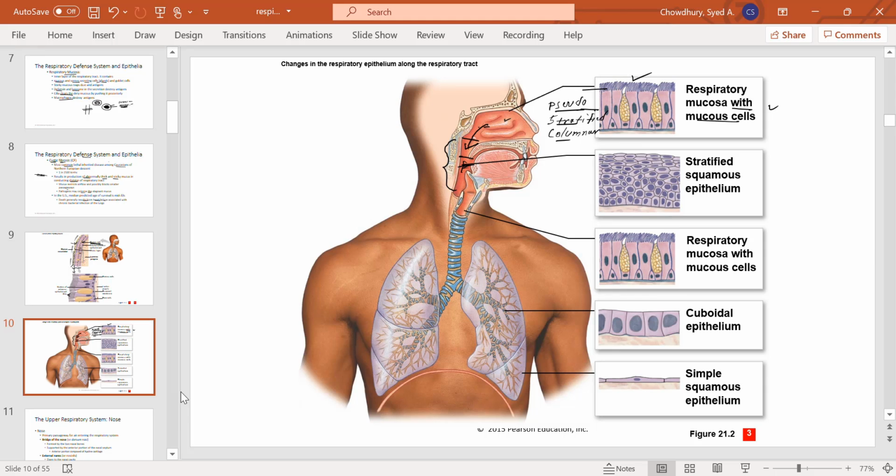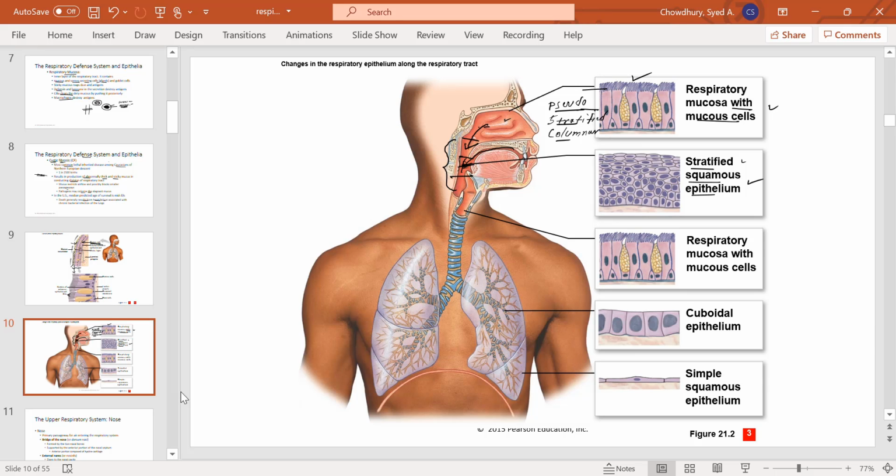However, in the middle part, the food enters through the oral cavity, and that's why the chance of friction is high here in the wall. So remember, where the chance of friction is high, the lining is stratified squamous, many layers of flat squamous cells, not pseudo-stratified ciliated.